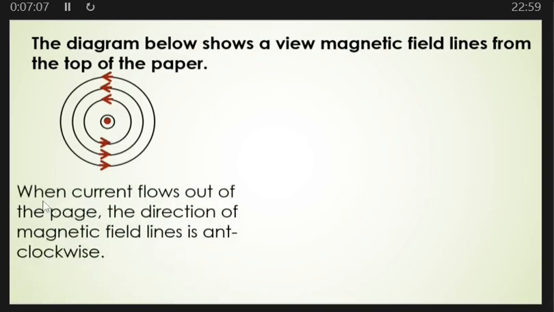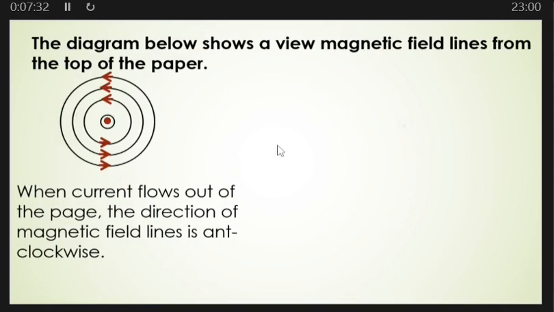When current flows out of the paper or the page, we indicate this by a small circle with a dot inside. That small circle and the dot inside indicates the current flowing out of the page. And if current is flowing out of the page, then the direction of the magnetic field line is anti-clockwise, like this.